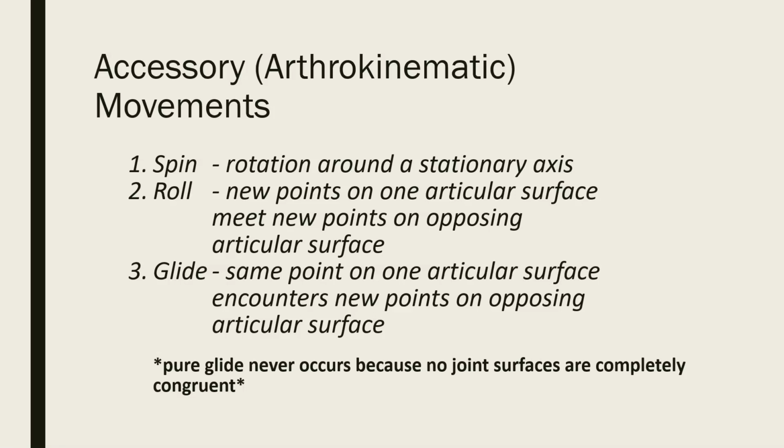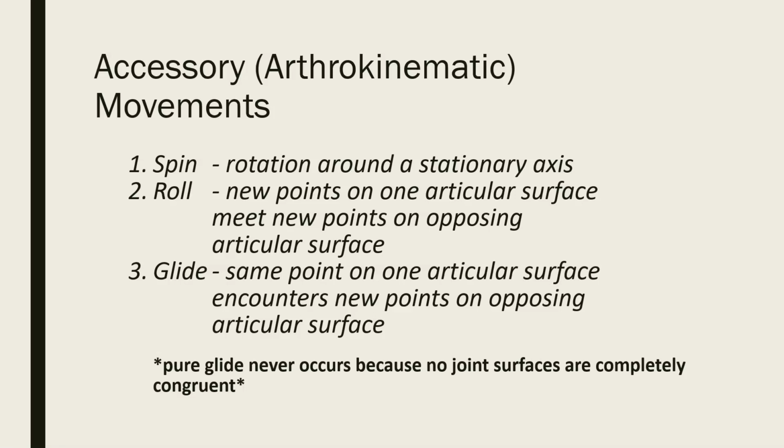The third is glide. So now we're going to think about that ball and the table, and we're going to grip the ball with our hand and we're going to slide it along the table. So we can say that glide is the same point on one articular surface encountering new points on the opposing articular surface. So think of the ball on the table.